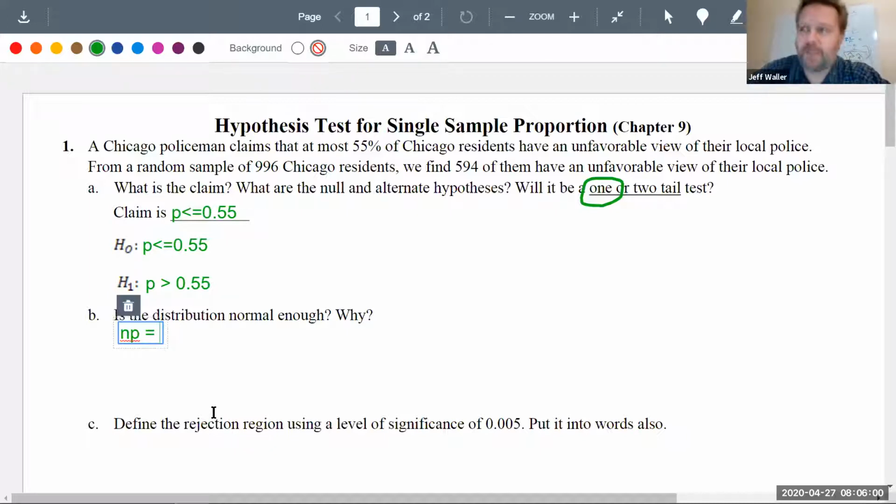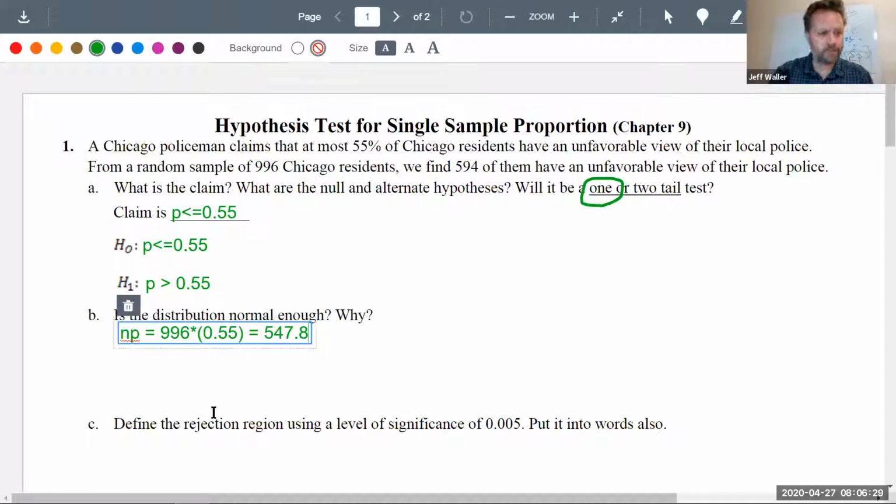Yes, thank you. So it'll be 996 times 0.55, and whatever that is, I'd say 548. I don't know. What is that? 547.8.